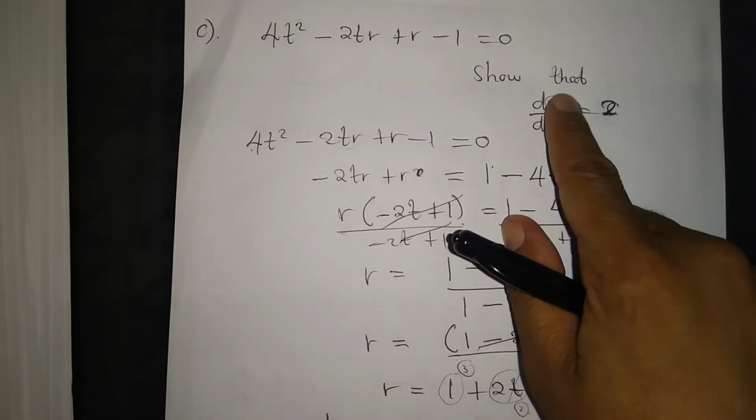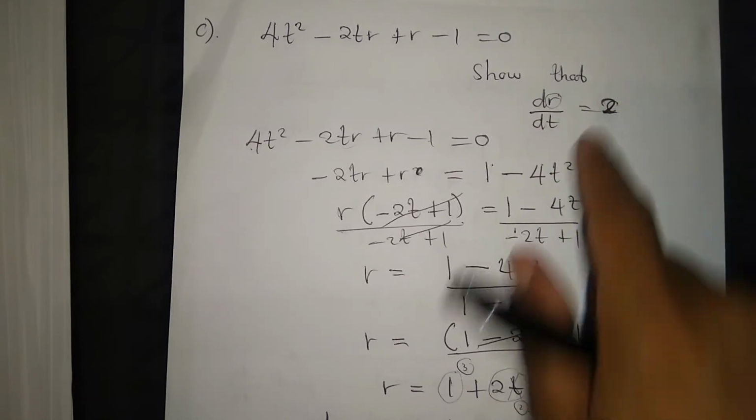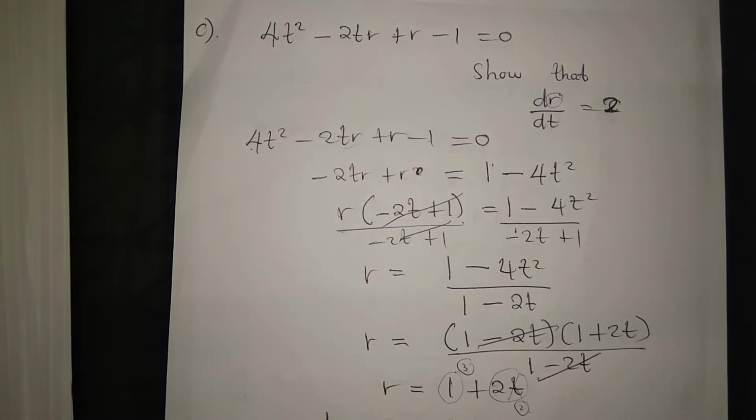We have just shown that dr over dt is equal to 2. So the answer is 2.